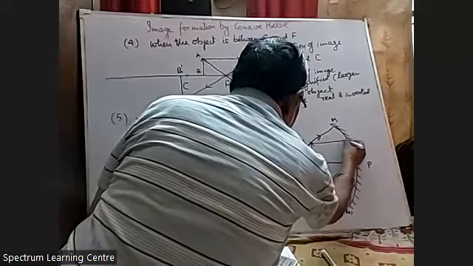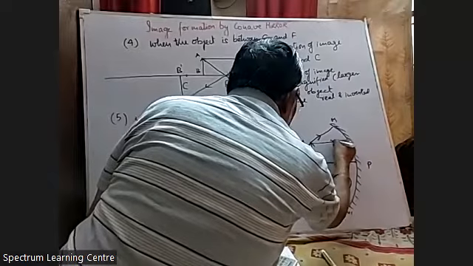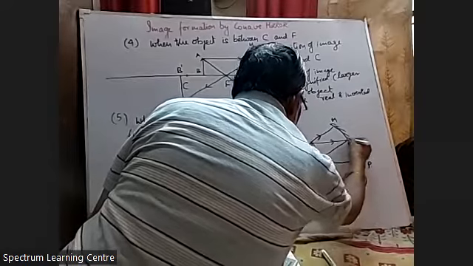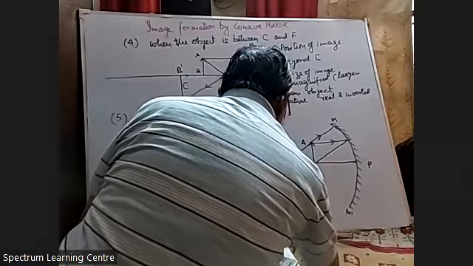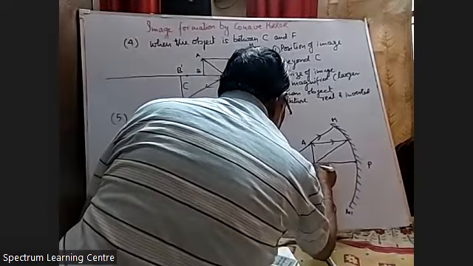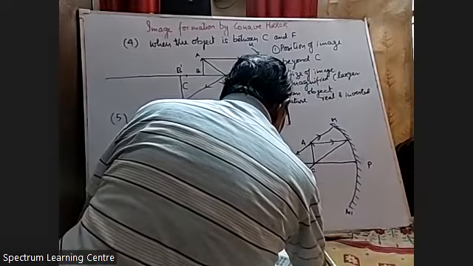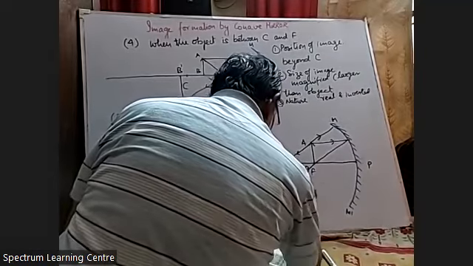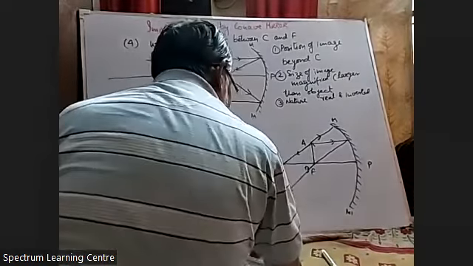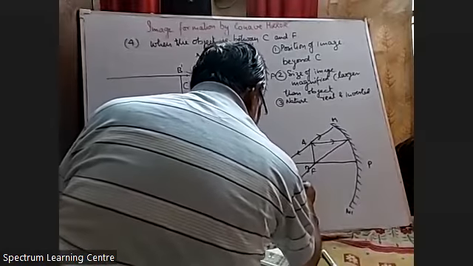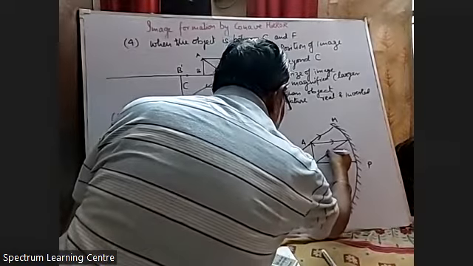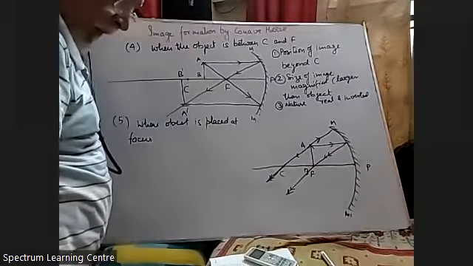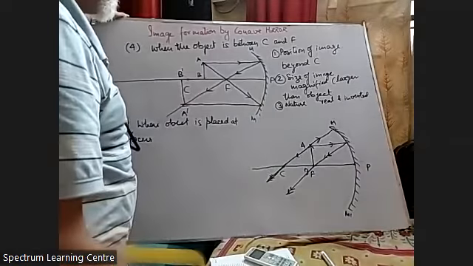And another ray which is parallel to principal axis and then passes through focus. Now if you draw properly you will find these reflected rays are parallel. That means the image formation will be at infinity.